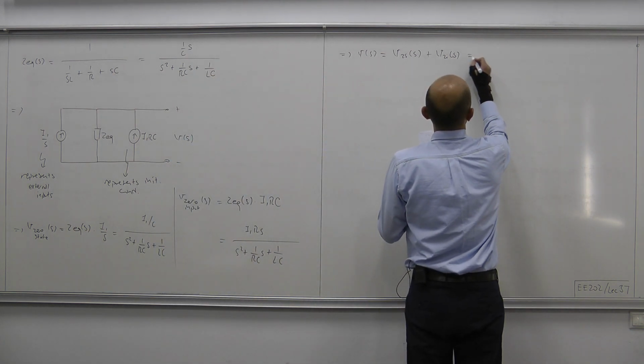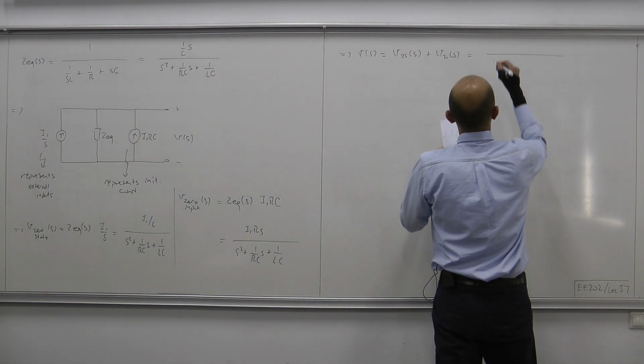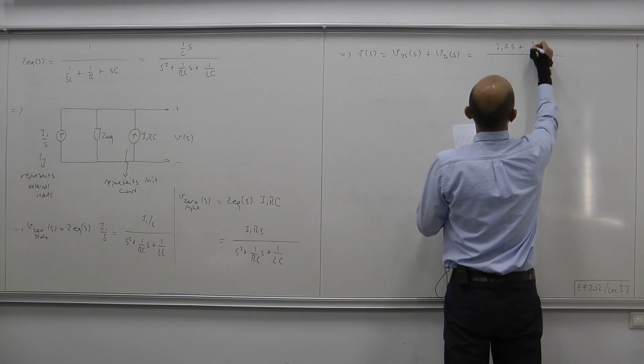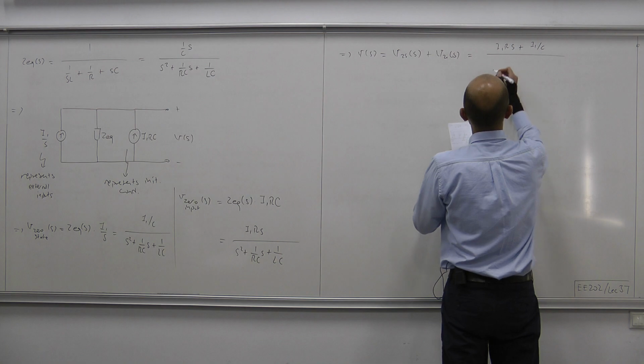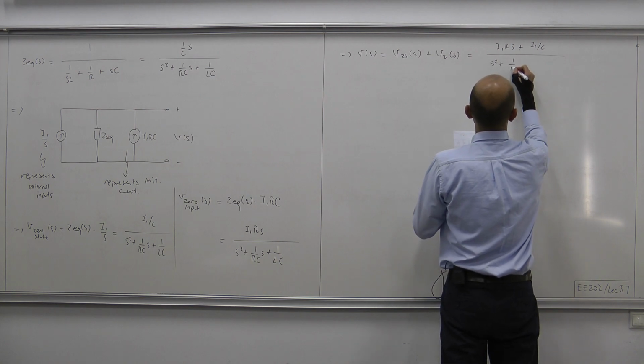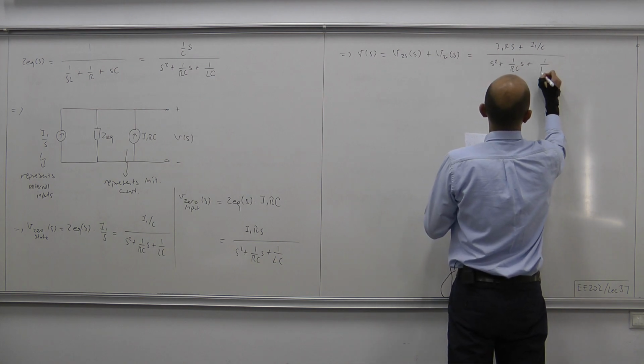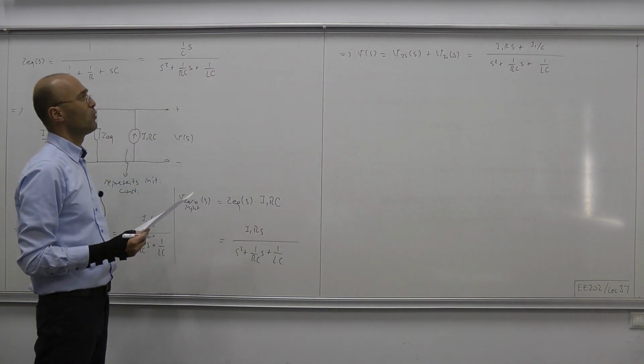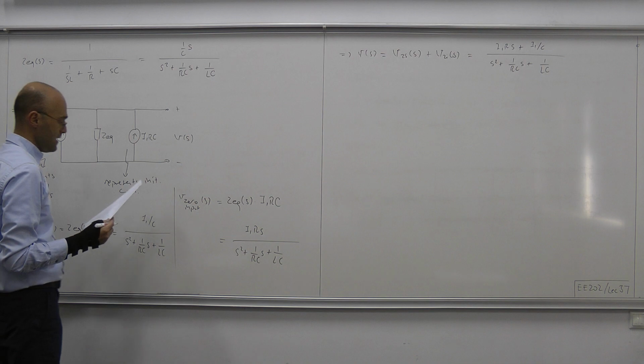And the complete response reads as I1 R S plus I1 over C, S squared plus 1 over RCS plus 1 over LC. Okay, so that completes part A.